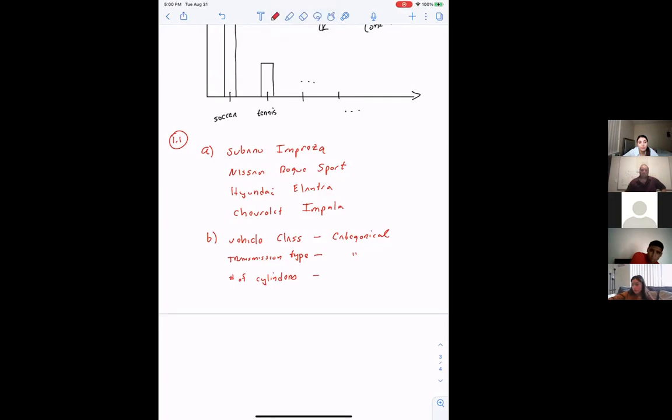So number of cylinders, categorical or quantitative? Quantitative. Not just because it has numbers, but because you can average them if you want. Next one. Now, by the way, what are the units of that?